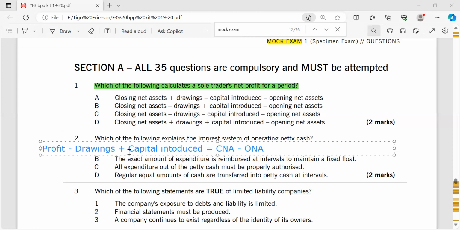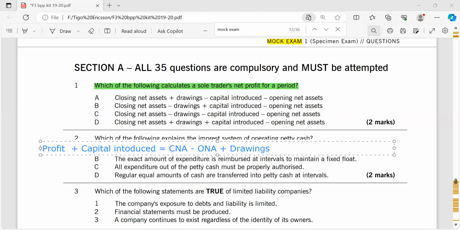If they go to the right-hand side, they are going to be added. So I remove drawings there, and on the right-hand side I add the drawings figure. After that, on the left-hand side, I'm left with profit and capital introduced.